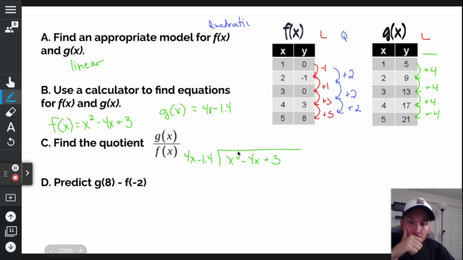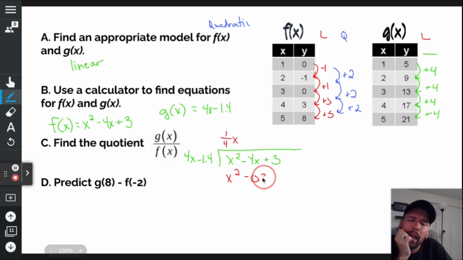4x times what gives you regular x to the fourth? 1/4 x does that. All right, so 1/4 x times 4x gets me x squared. 1/4 x times negative 1.4, negative 1.4 divided by 4, is negative 0.35.